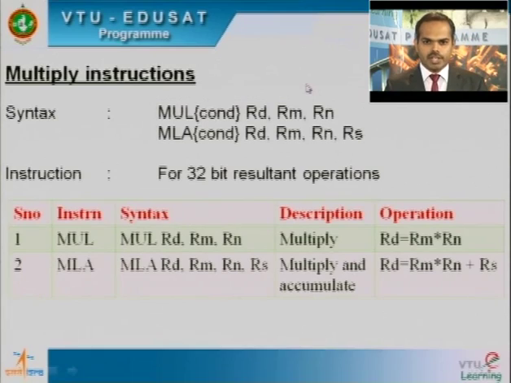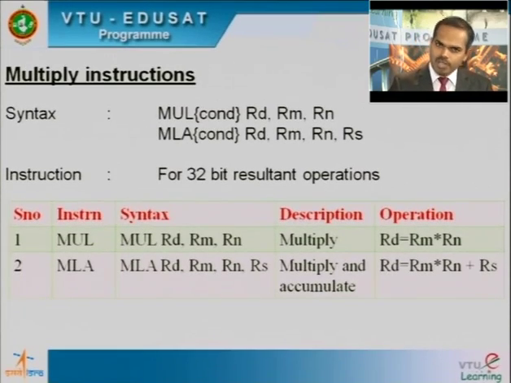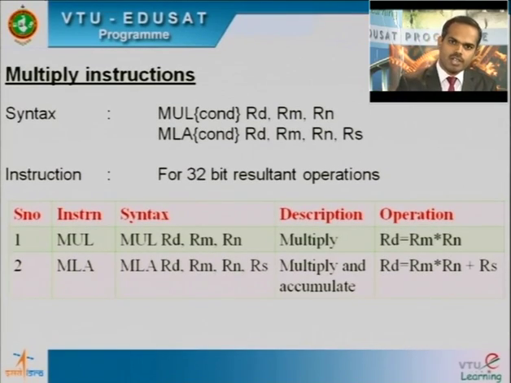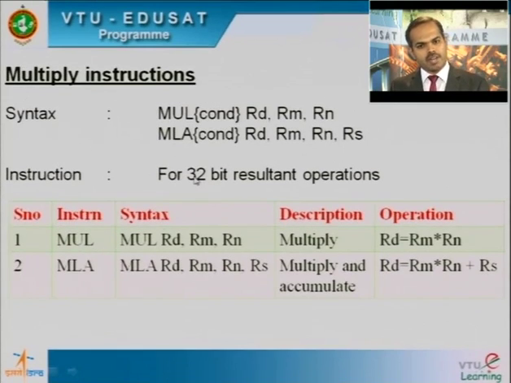Multiplication of two 32-bit values can be more than 32-bit. To handle that, there are different instructions. If your result is expected to be 32-bit, then use these two instructions. If the result is more than 32-bit, we will see in the next slides what we have to do. So in this case, I expect the result to be a maximum of 32-bit.